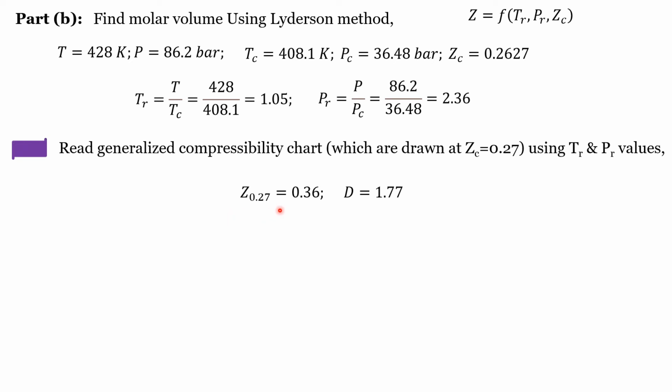So after reading charts, we will get the value of Z equal to 0.36 and deviation factor equal to 1.77. Now we can put these values in a final equation. In final equation, compressibility factor equals compressibility factor at 0.27 plus D into ZC minus 0.27.